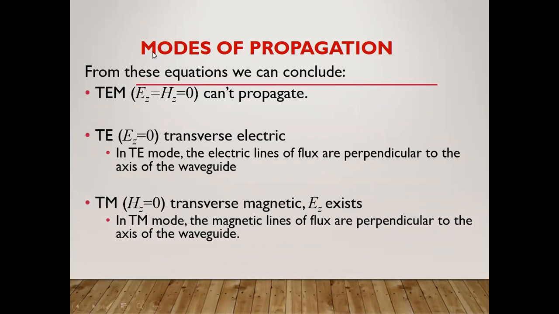See here, the TEM is the combination of TE plus TM. If I am talking about my TE mode, which is the transverse electric mode, in this TE mode the electric lines of flux are perpendicular to the axis of the waveguide. So which are the two axes?